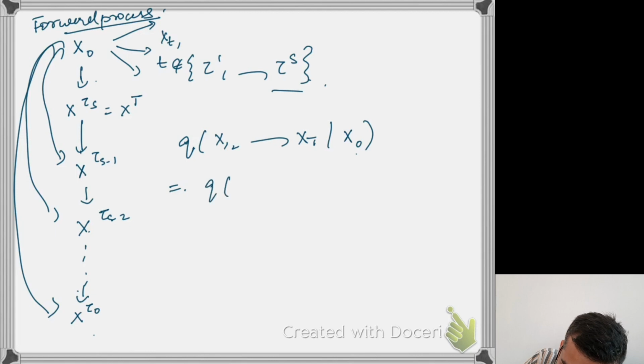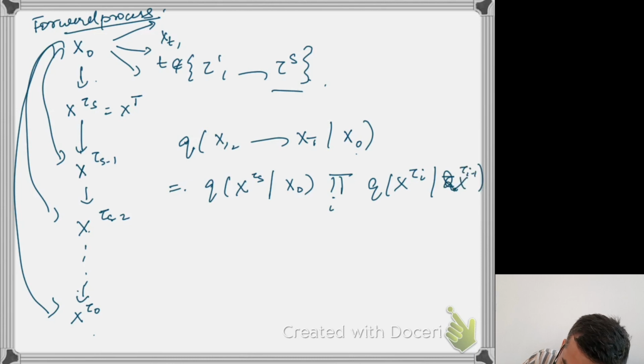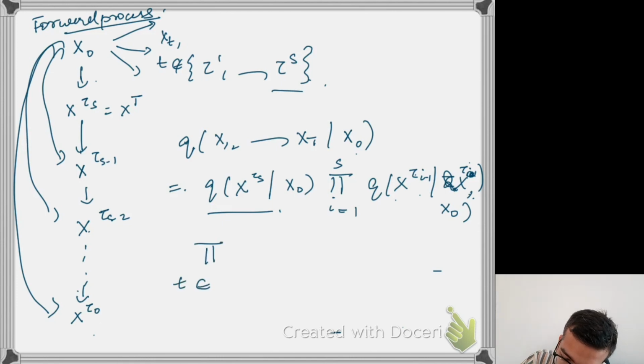So q of x tau s given x naught, then the product over i of q of x tau i minus 1 given x tau i and x naught, with i going from 1 up to s, and then the product over t not in tau 1 up to tau s of q of xt given x naught.